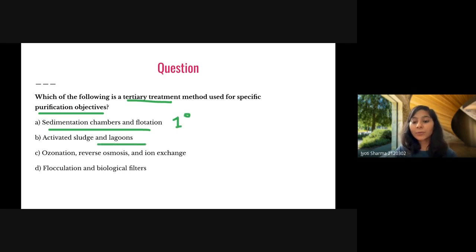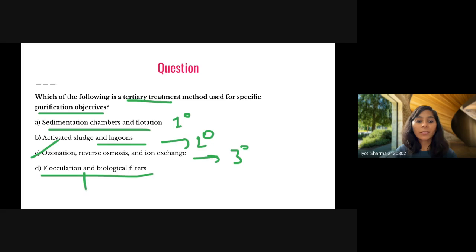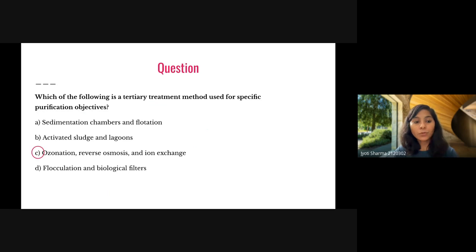Activated sludge and lagoon are part of secondary treatment. Ozone, RO, and ion exchange are for tertiary treatment, so this one is right. And flocculation and biological filters are again part of primary treatment. So C answer will be the right one.